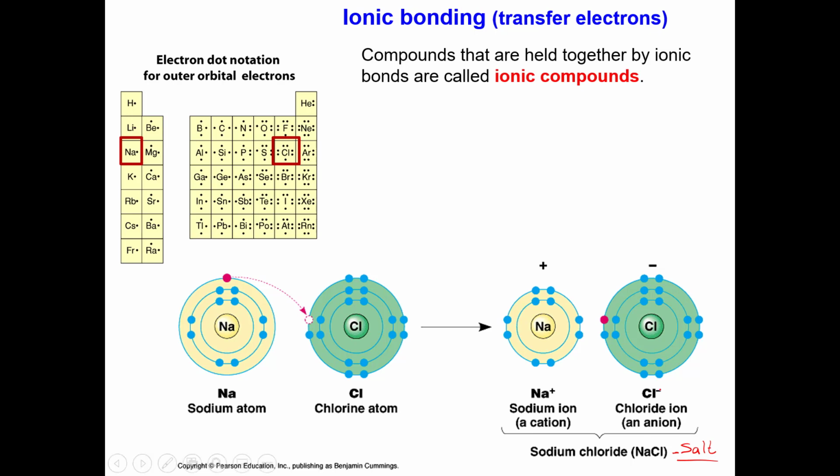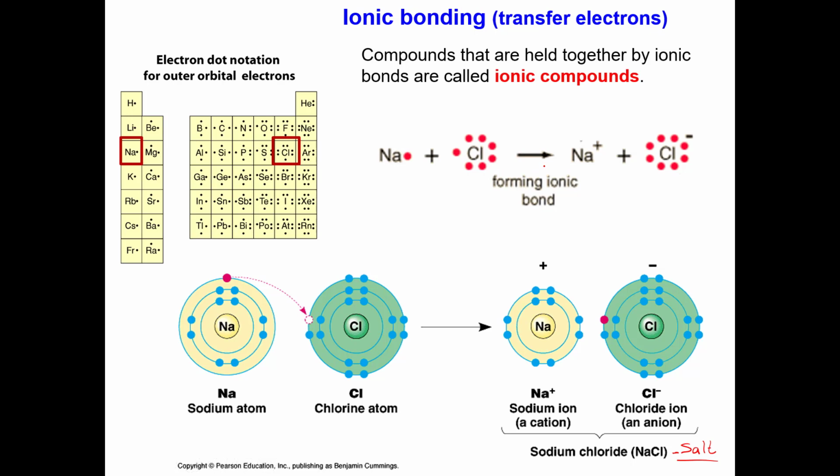Then we can represent the same thing using the dot notation. Sodium has 1 electron in the outer shell. Chlorine has 7 in the outer shell. Then they react to form a new compound.